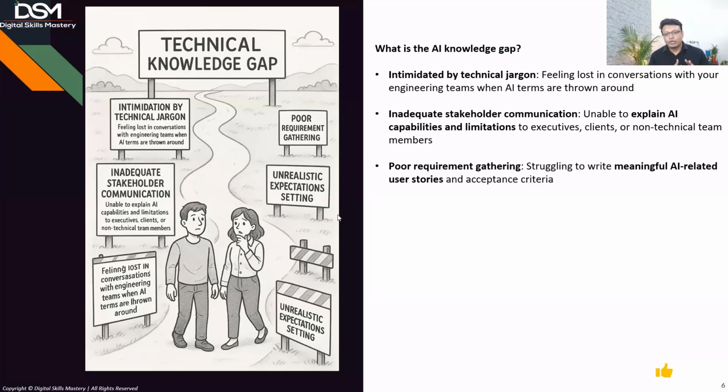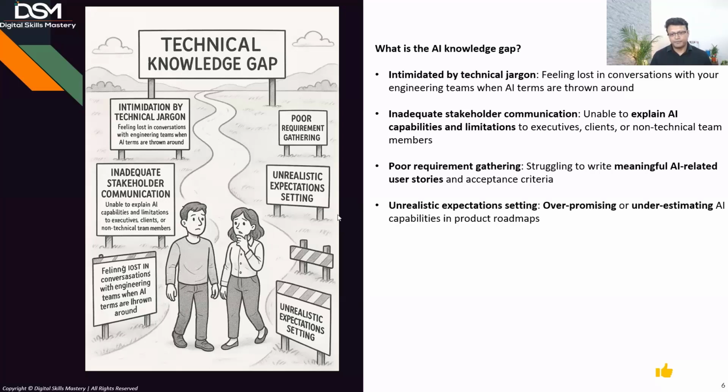There could be a case of poor requirement gathering because you're not able to put in meaningful AI related user stories and acceptance criteria. There could also be a case of unrealistic expectation setting, that you could be either overpromising or underestimating what the AI capabilities are in your product roadmap. And these things we need to be aware of.